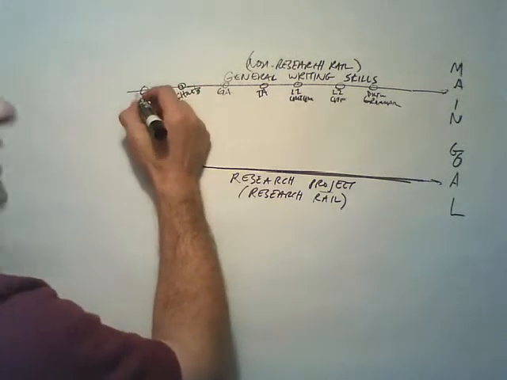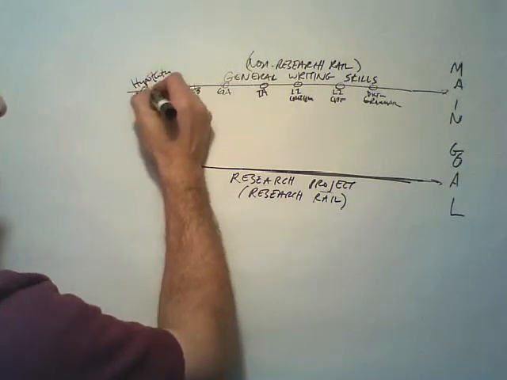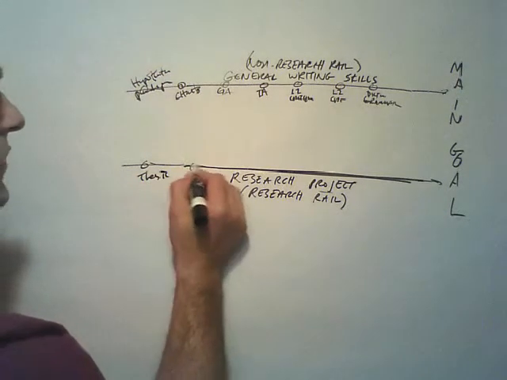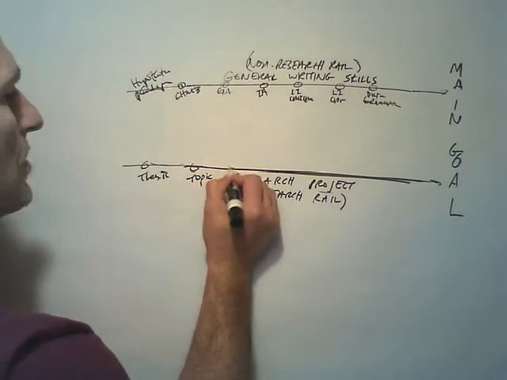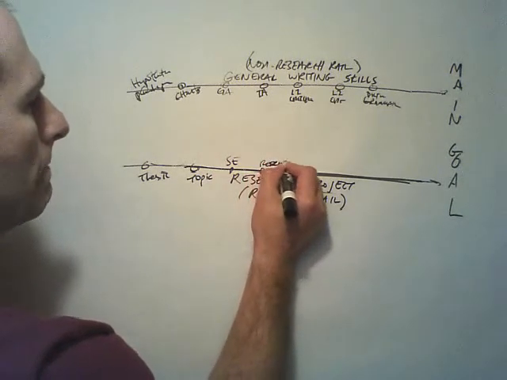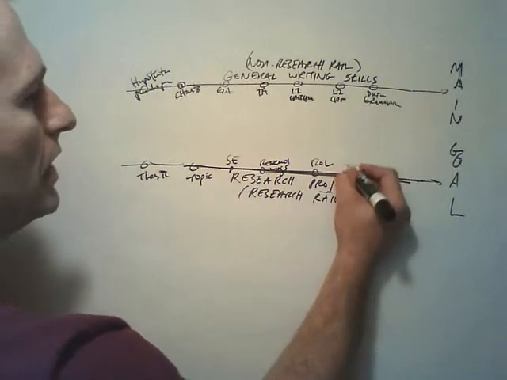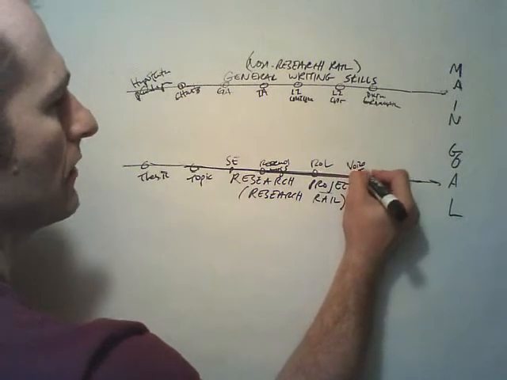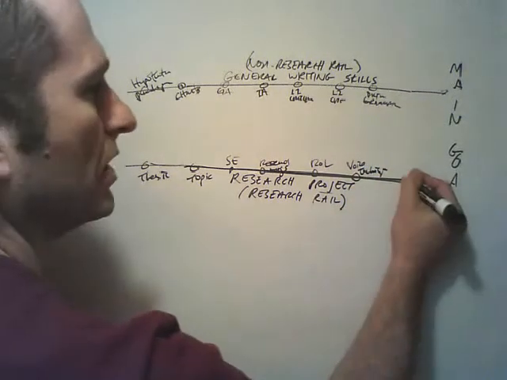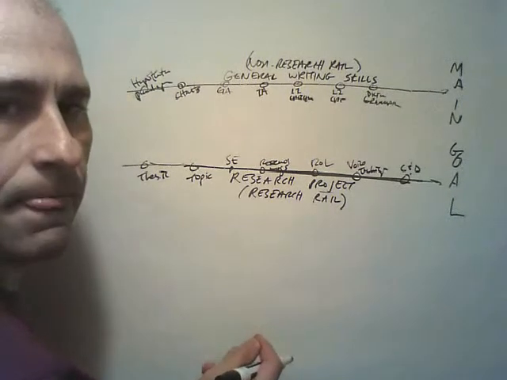Maybe we also did hypothetical paradigm. Now down here we have thesis development. We have topic. We have source evaluation. We have research logs. We have review of literature. We have voice techniques. We have citation and documentation. We have all sorts of things, right?